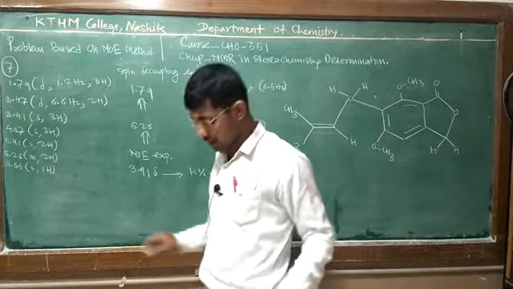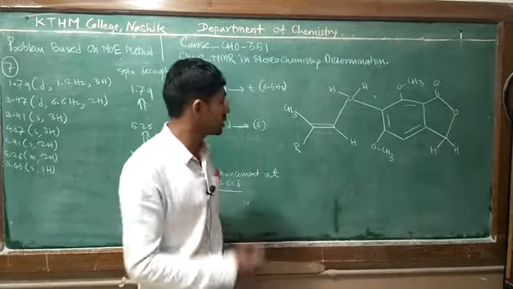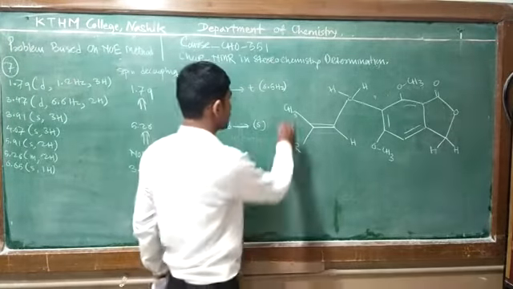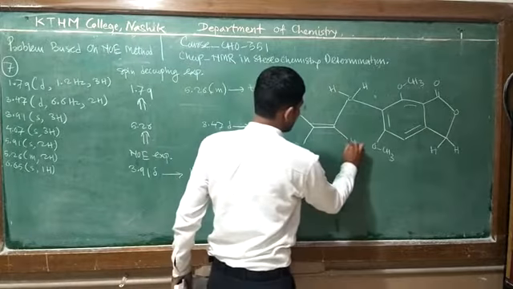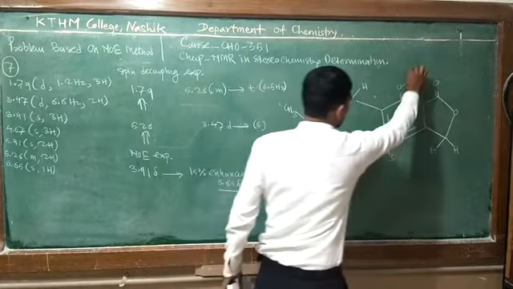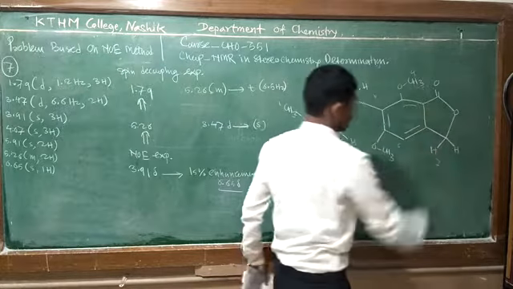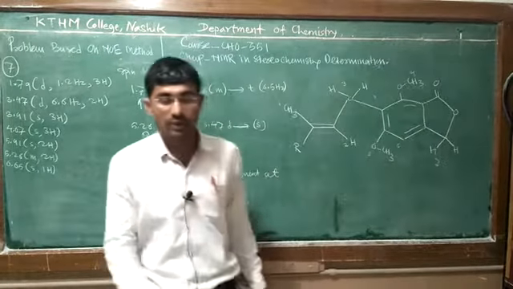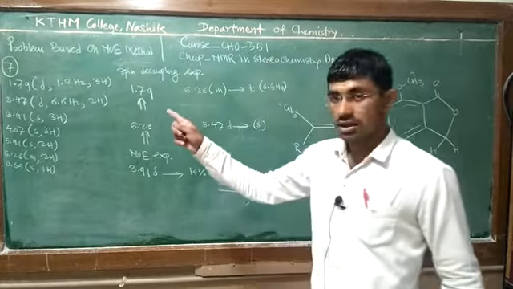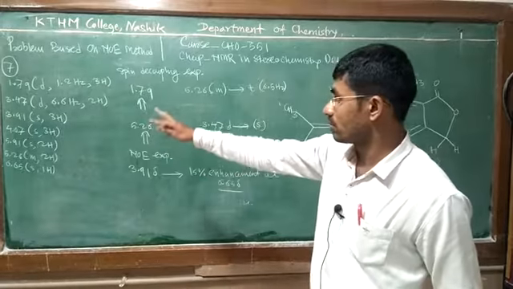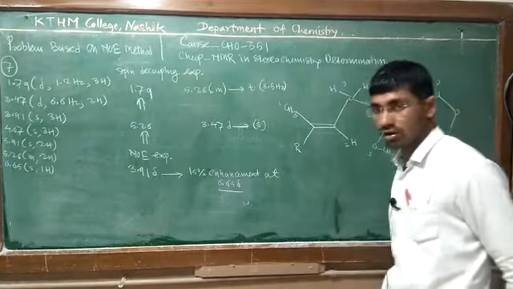So 7 signals are given. Obviously, in our structure there are 7 types of protons present. This is the first, second, third, fourth, fifth, sixth, and seventh. So 7 signals and 7 types of protons.